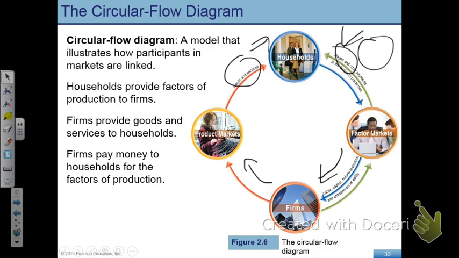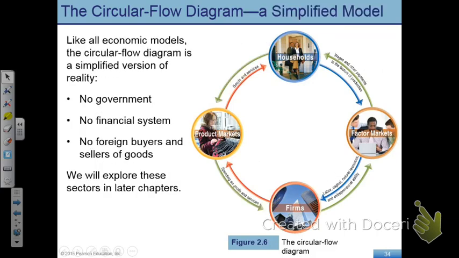Then there is another arrow. The other green arrow, which is also signifying the flow of financial resources, is coming from the households, where they are buying goods from the product market and they are paying prices for those goods and services.